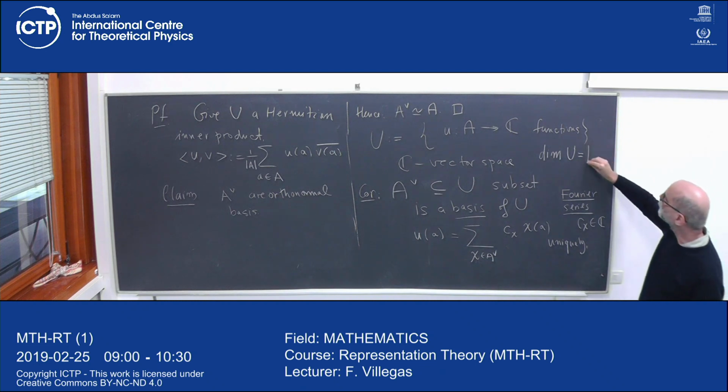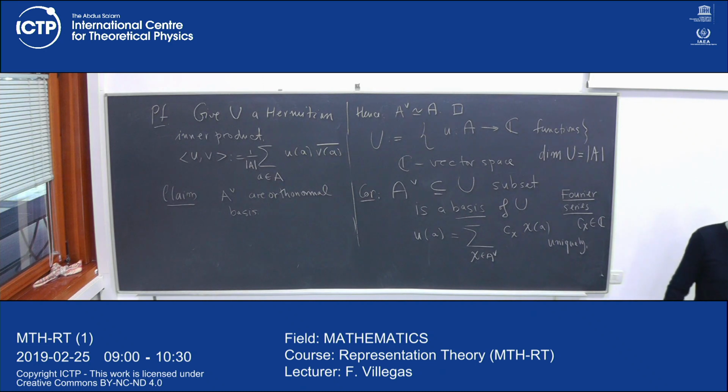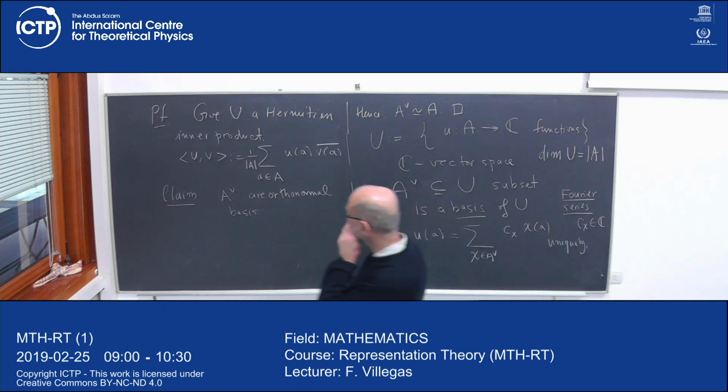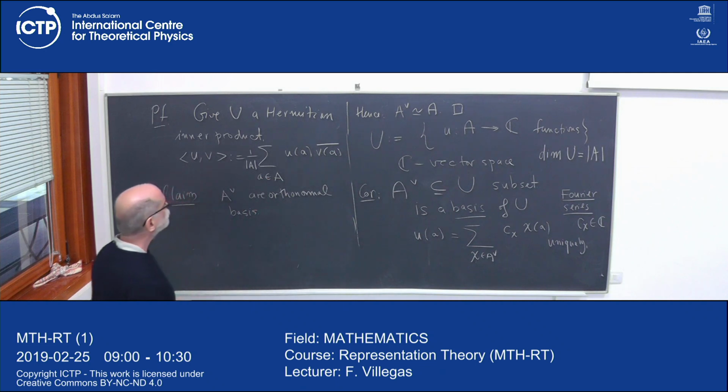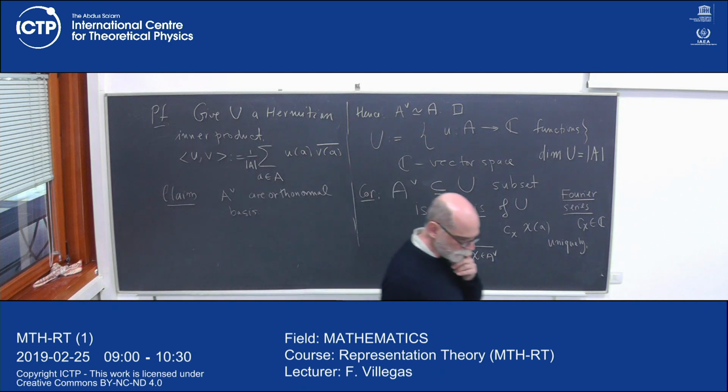It is the order of A, because to give a function from A to C, all I have to do is give some value to each a. So to prove this corollary, it would be enough to prove that these characters are orthonormal. The fact that they're a basis will follow because there are as many as the dimension.